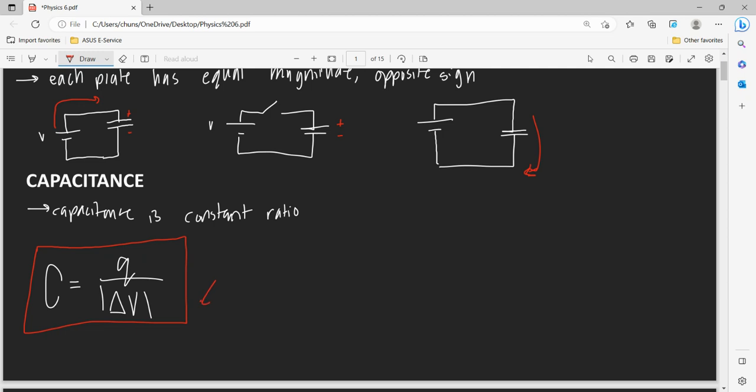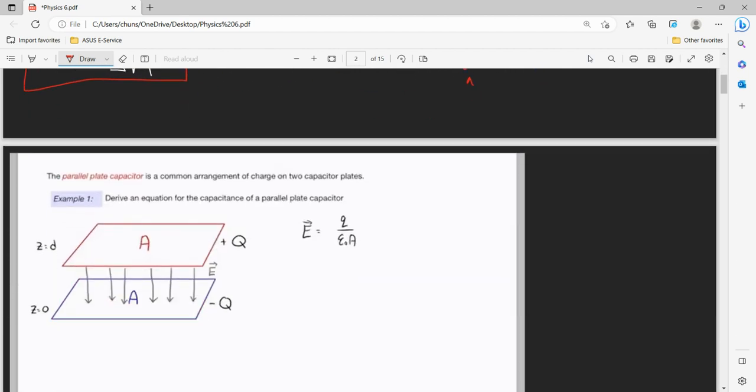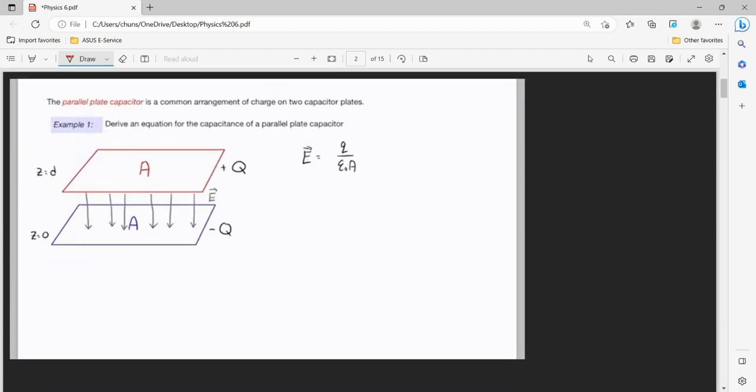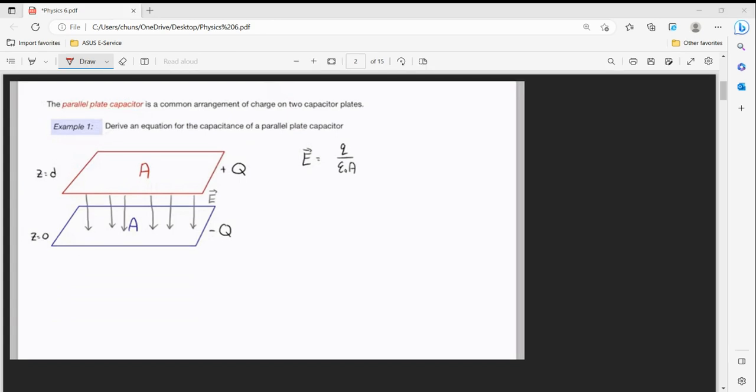And we know that our potential difference is equal to the voltage between two places, where it's the integral of our electric field times the path that a particle takes. Okay, so looking at this example here, this is a different representation of our potential difference.